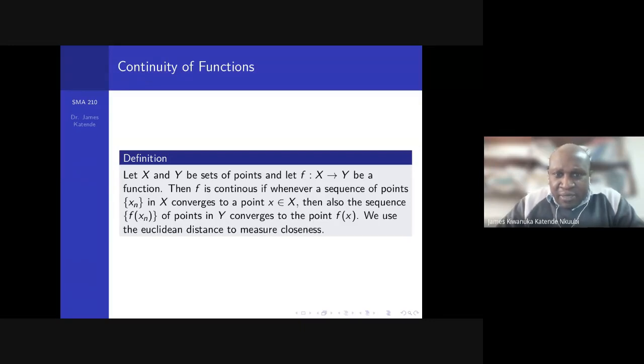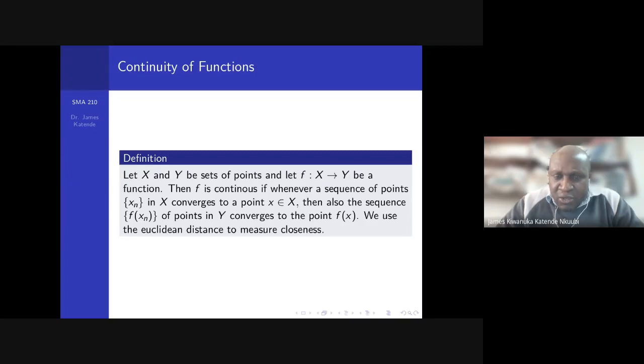Let x and y be sets of points, and let f be a function from x to y. We say that f is continuous whenever a sequence of points in x converges to a point x in x, then the corresponding sequence of points determined by evaluating the function at the points in the sequence xn will also converge to the value of the function f at the point x.